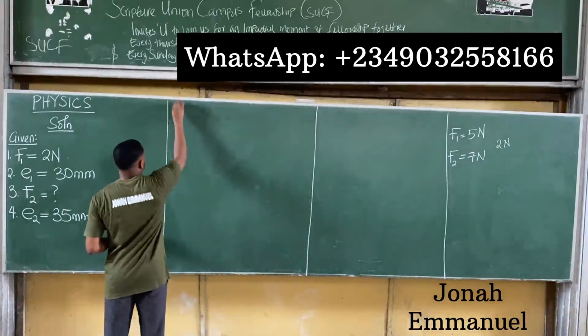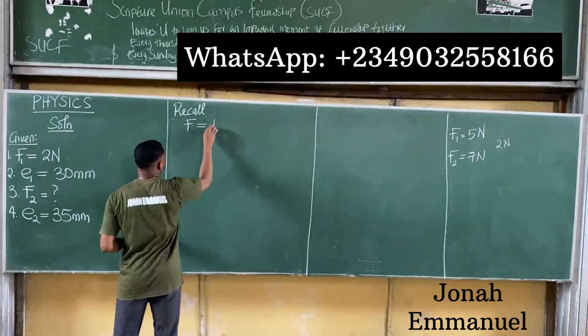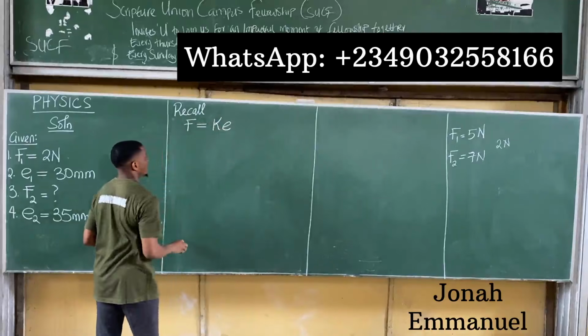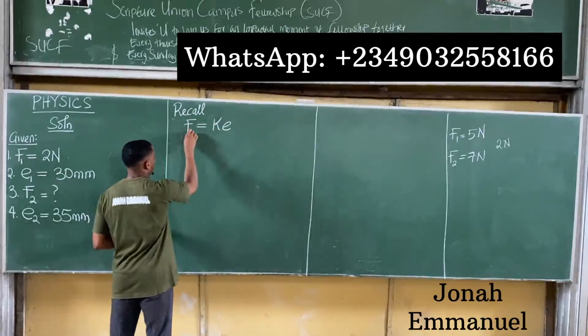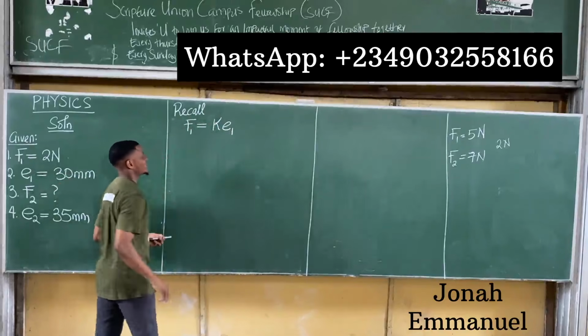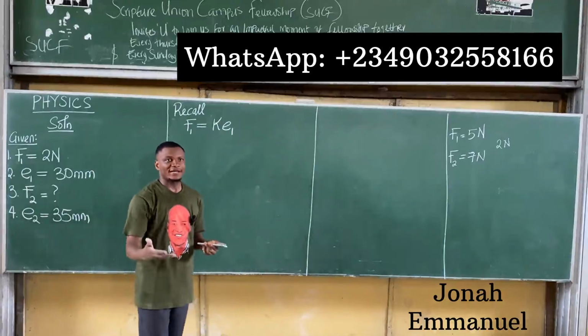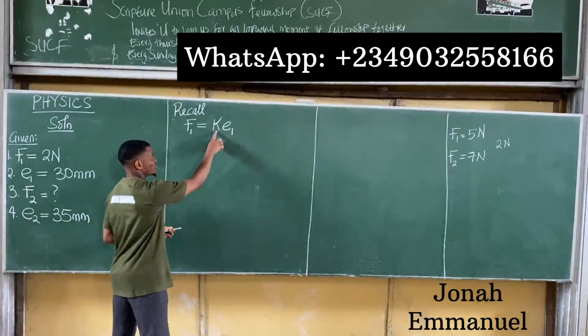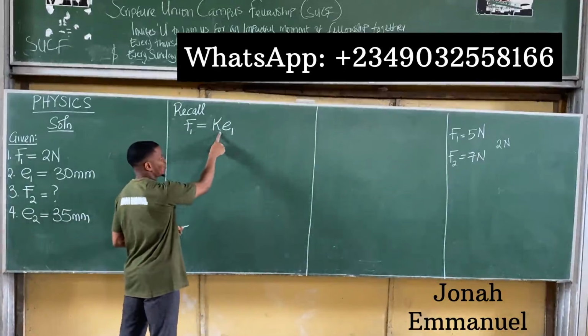Let's recall that F is equal to ke. Now, since I have F1 and E1, I can say F1 is equal to kE1. Now, you may want to ask, why is it that k does not have a 1? Why didn't I write F1 equal to k1 E1?